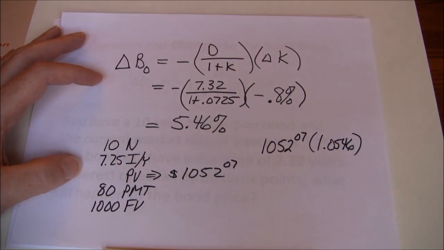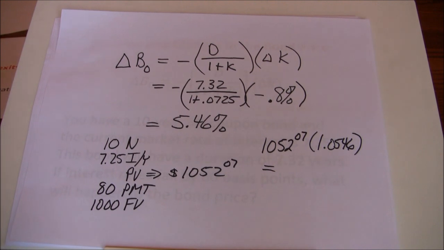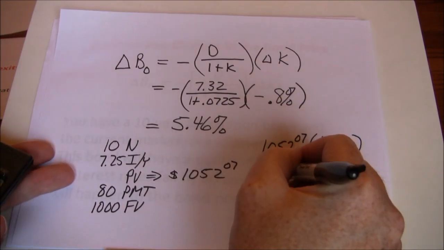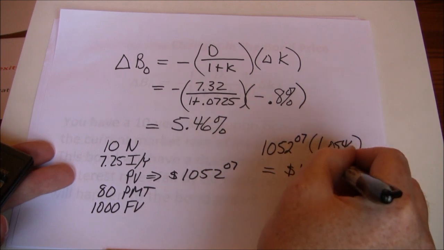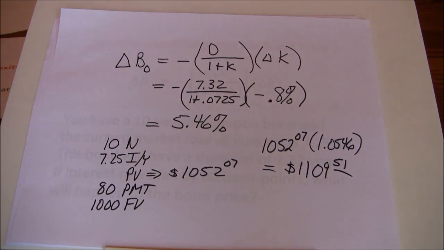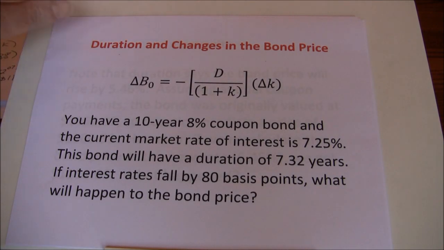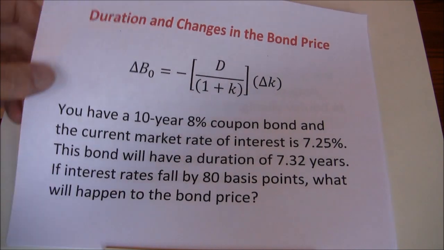Allow it to increase by 5.46%, and we're going to predict the new bond price to be $1,109.51. So that just goes through our prediction using duration to predict the change in the bond price.